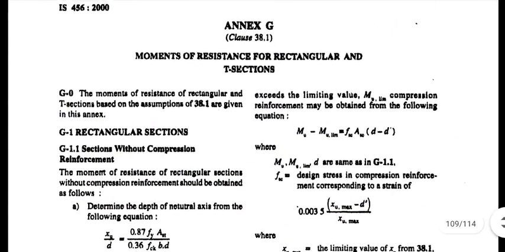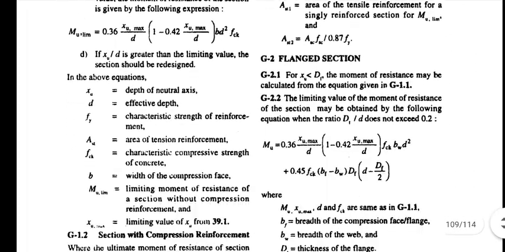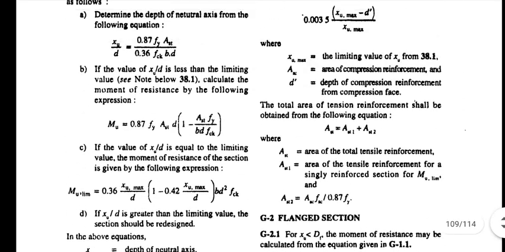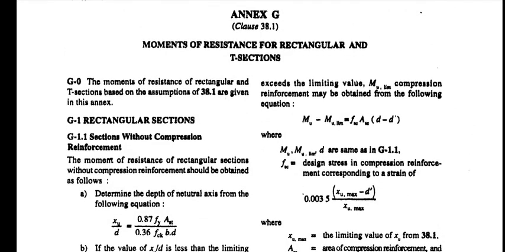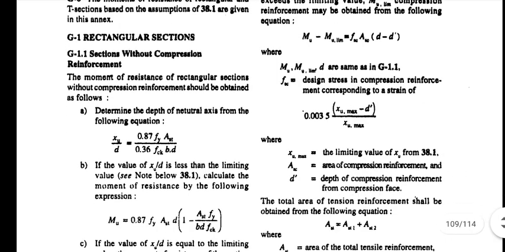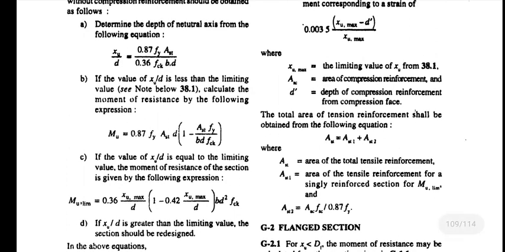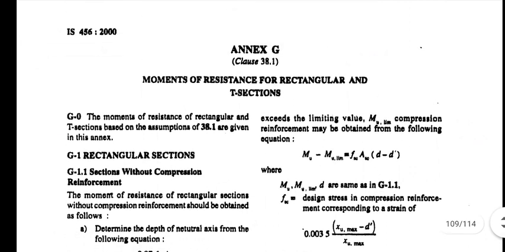In Annex G, look at G 1.2, section with compression reinforcement, that means doubly reinforced beam. The formula I wrote, you have seen earlier. This formula is given in the first equation, and another formula is given just above G2. So these are already given in Annex G. Let's go to the notes again.